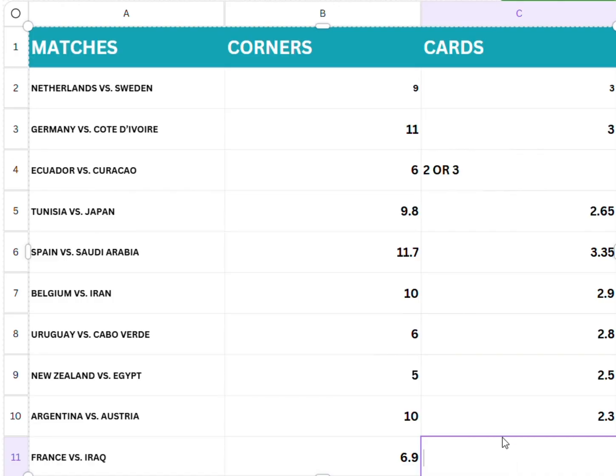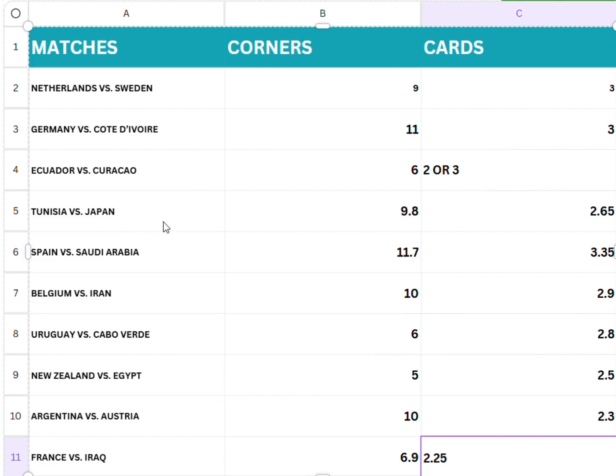Only one World Cup game, and they collected only 1 card there. So France's average of 3.5 cards plus Iraq's average of 1 card is 4.5. 4.5 divided by 2 is 2.25.